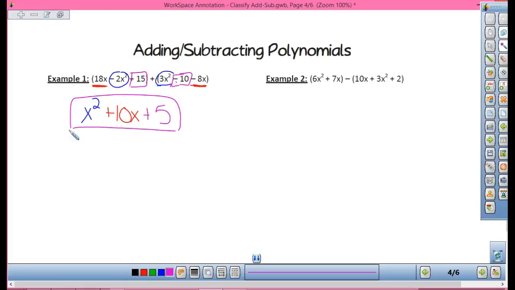We're combining like terms, but making sure that it stays in standard form. So when we're subtracting, we gotta be careful. So I'm going 6x squared and doing what?